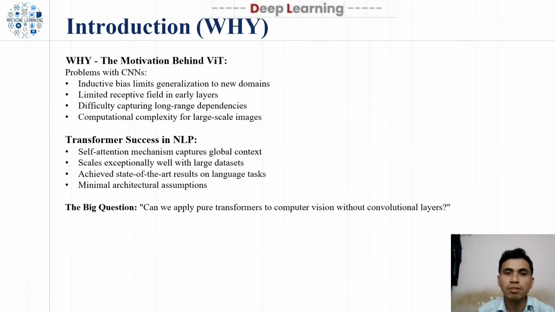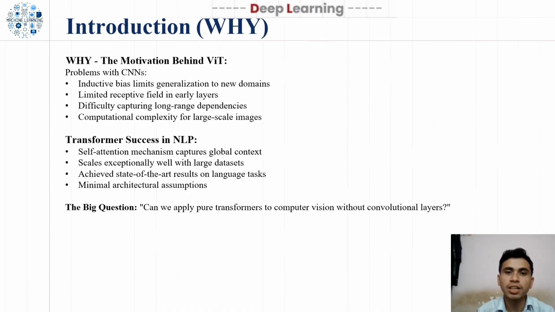Meanwhile, in the field of natural language processing, transformers achieved remarkable success. They use the self-attention mechanism that can capture global context, scale exceptionally well with large datasets, and have achieved state-of-the-art results on various language tasks. All this is without strong architectural assumptions.